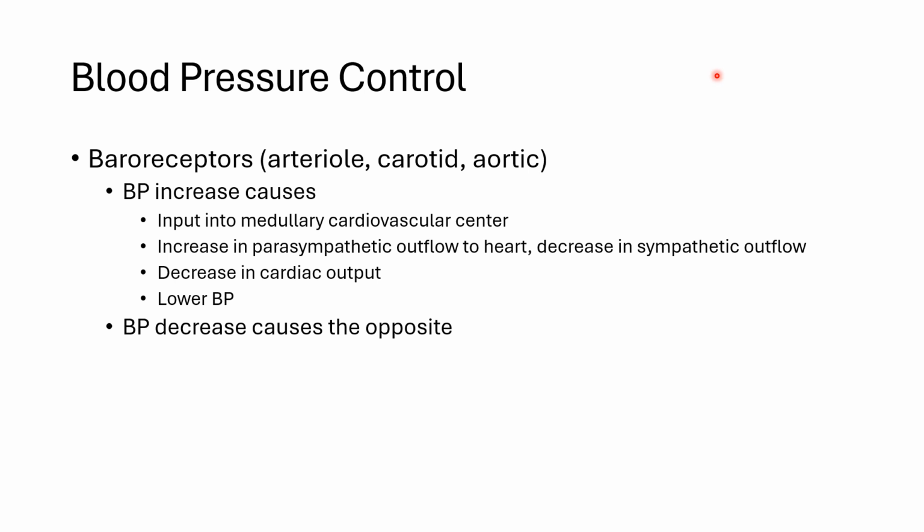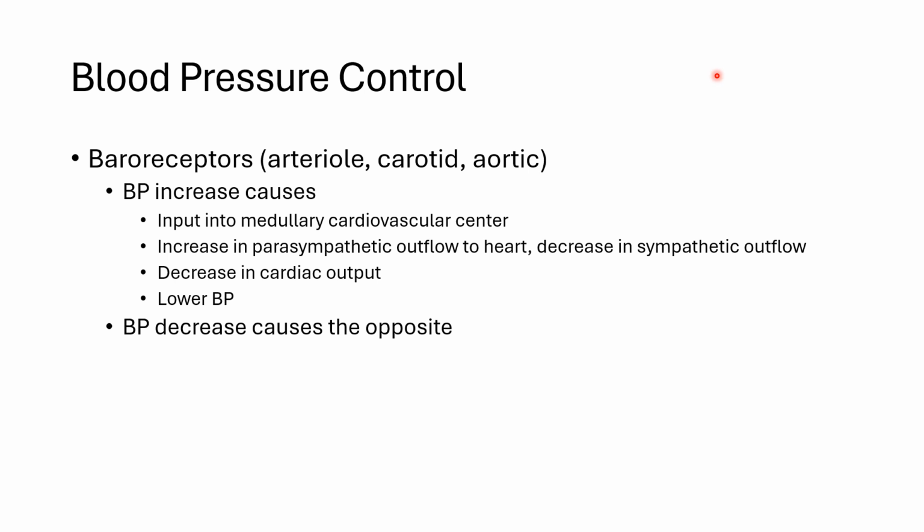As a result of that information, if the blood pressure is too high, based on the signal that the medullary system is getting, you may have an increase in parasympathetic outflow to the heart. You may have a decrease in sympathetic outflow.